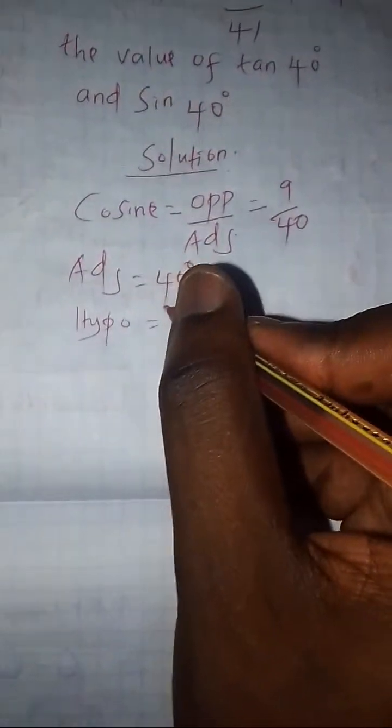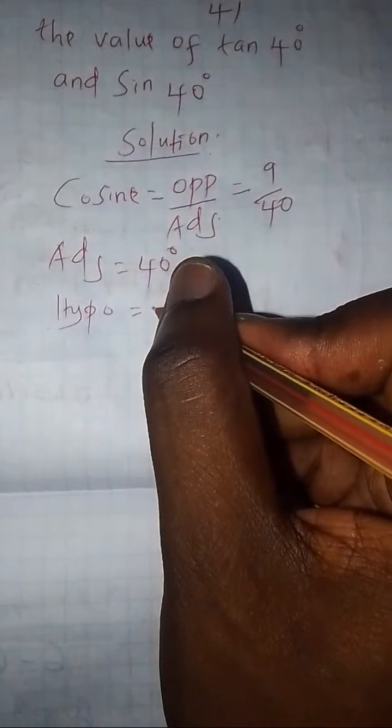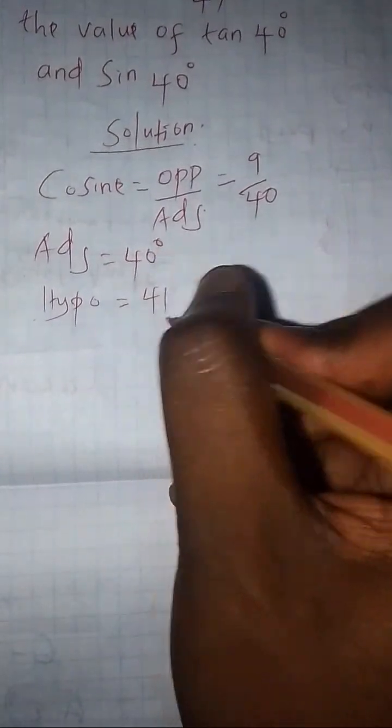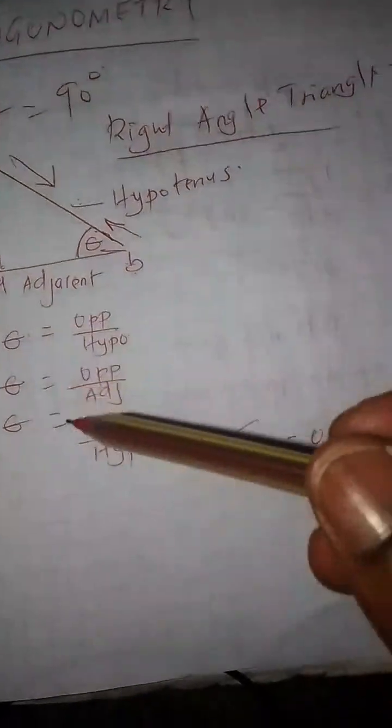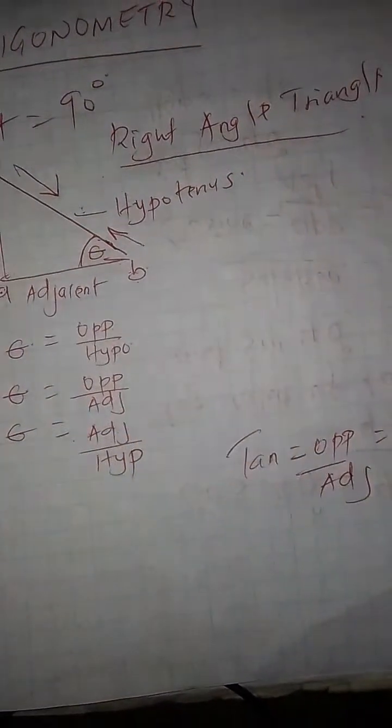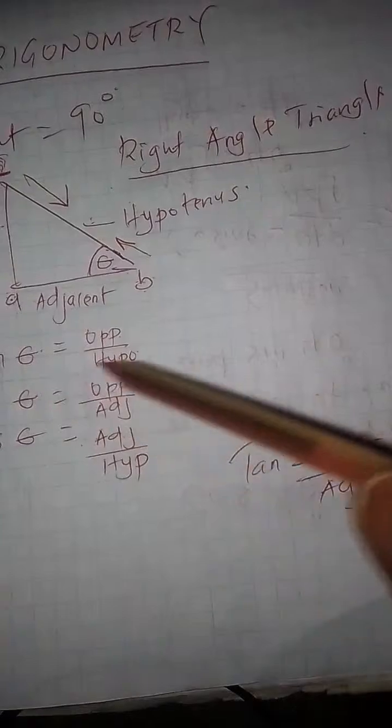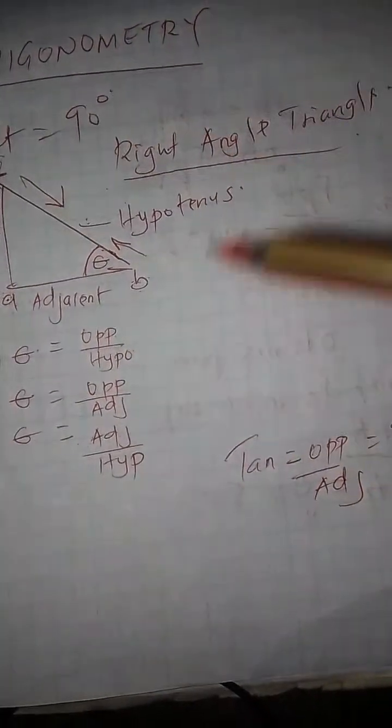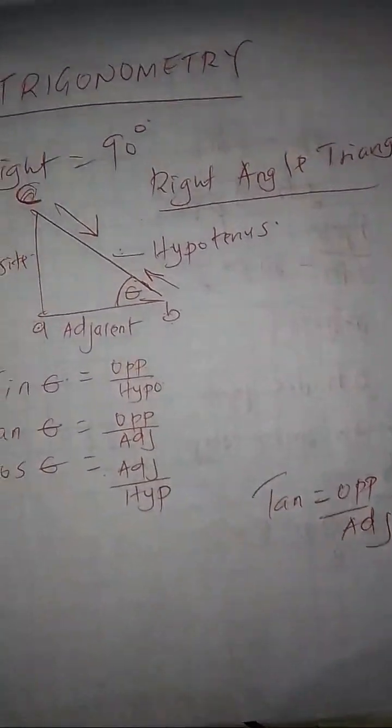And the hypotenuse side is not 40 but 41. When talking about the hypotenuse side, we are talking about sine theta, opposite over hypotenuse. Tan theta is opposite over adjacent.